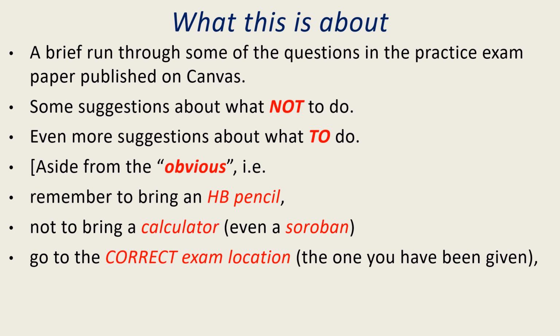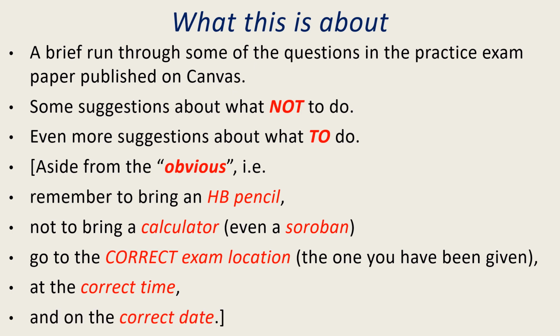Everybody converges on the room where I happen to be standing outside. If the exam is split site, go to where you are supposed to go, the one you've been given, not to the location where I happen to be at the time. So go to the correct exam location at the correct time on the correct date.